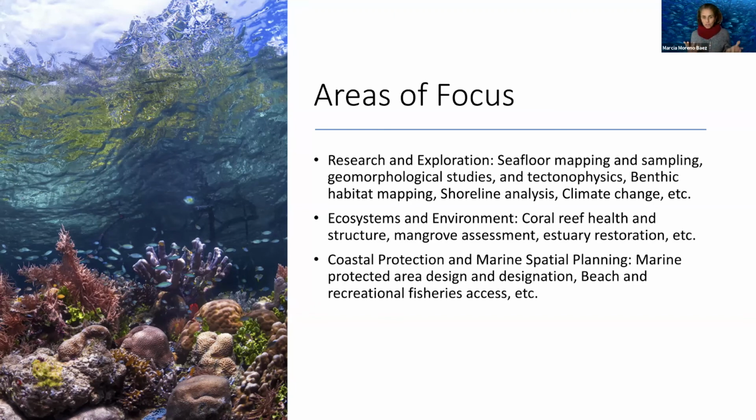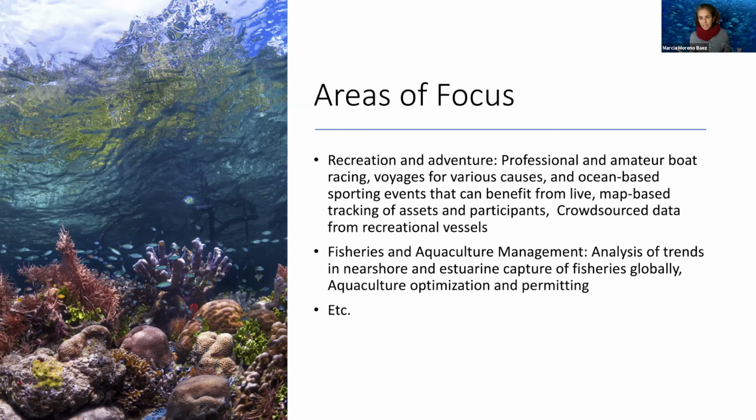Then we have coastal protection and marine spatial planning. Then we have recreation and adventure: map-based tracking of assets and participants, crowdsourced data from recreational vessels. Then we have fisheries and aquaculture management, like analysis of trends in nearshore and estuarine capture fisheries globally, etc. I'm just bringing some examples, but there are hundreds of examples that I could bring.